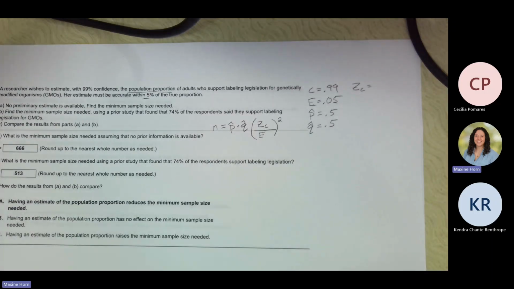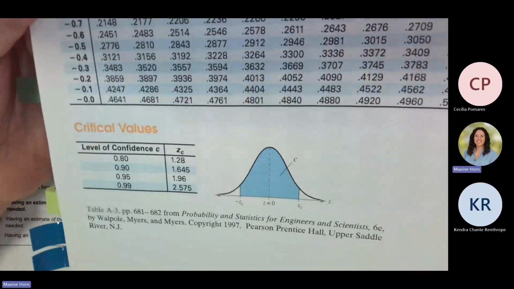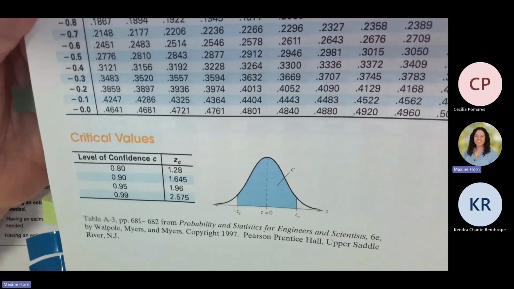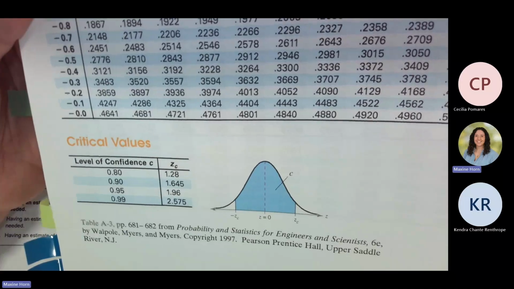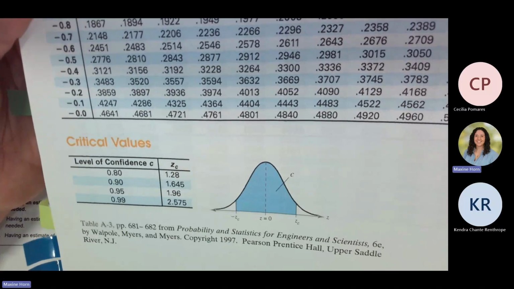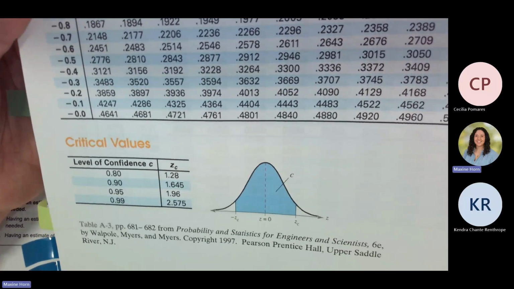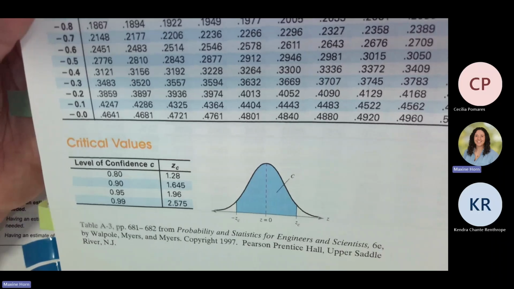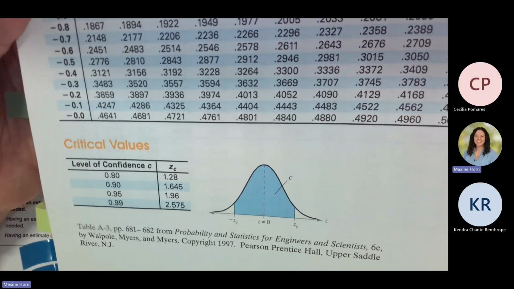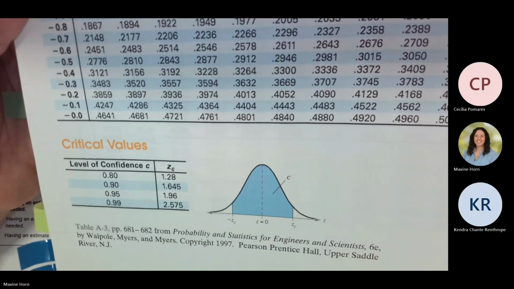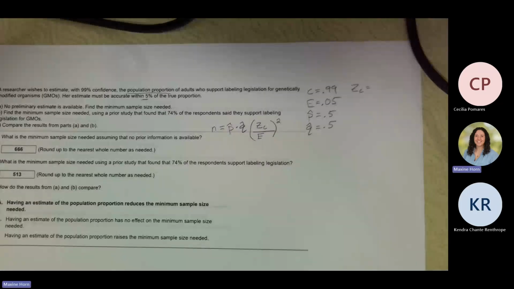So if we go to our table here, our lovely table that gives us some very common levels of confidence that we're going to be using, we have a confidence level of 0.99. So that tells us that our corresponding z-score is 2.575. Okay, confidence, the area in the center there, 2.575.